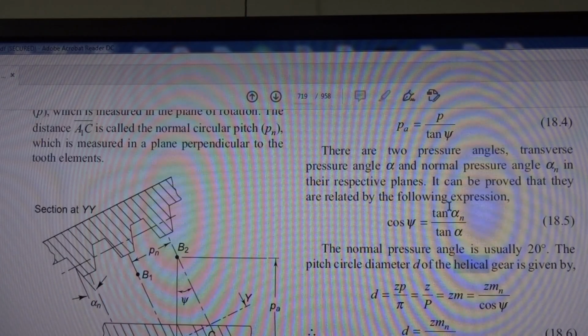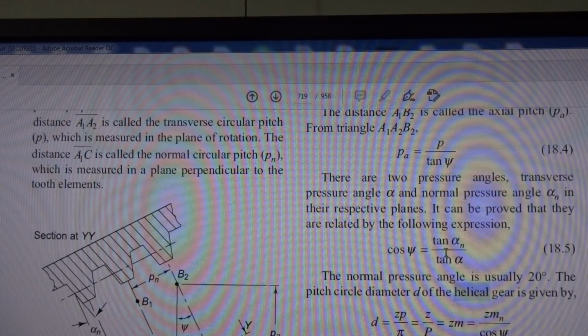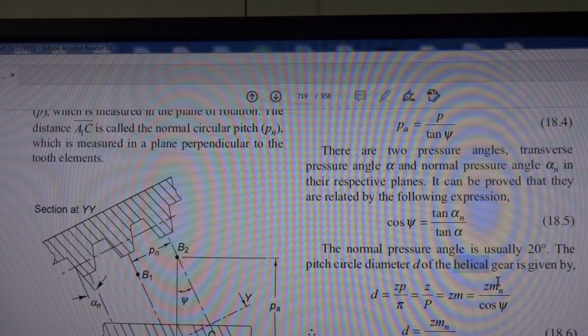There is a relation, derived elsewhere: cos psi is equal to tan alpha n divided by tan alpha, where alpha n is the normal pressure angle and alpha is the transverse pressure angle. That is an important relation between the helix angle, normal pressure angle and transverse pressure angle. The normal pressure angle is usually 20 degrees. If it is not given in the question, you can take 20 degrees.